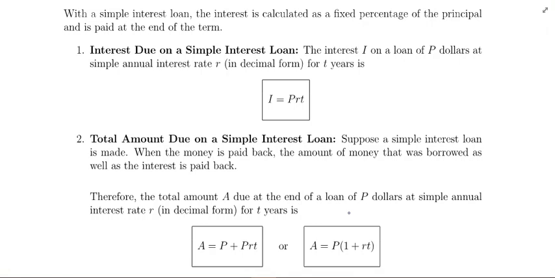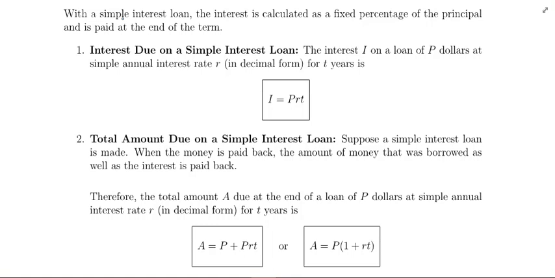So let's start reading about the formulas right here at the top. It says, with a simple interest loan. Let me clear something up: when you do simple interest, it is more than likely going to be a loan. Savings accounts and investments with simple interest are rare.